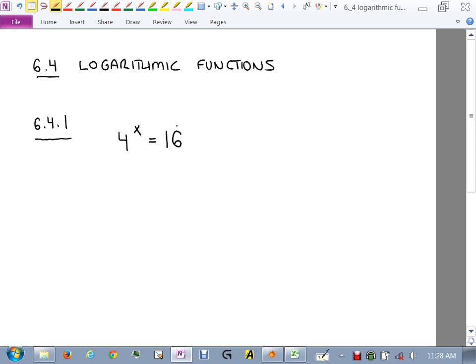Find the x that when I raise 4 to that x, I get 16. That's what I'm trying to get you to do here. You tell me what the x needs to be, that when I use it as an exponent on 4, I get 16.